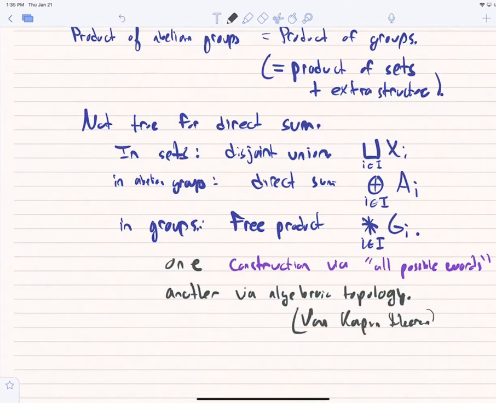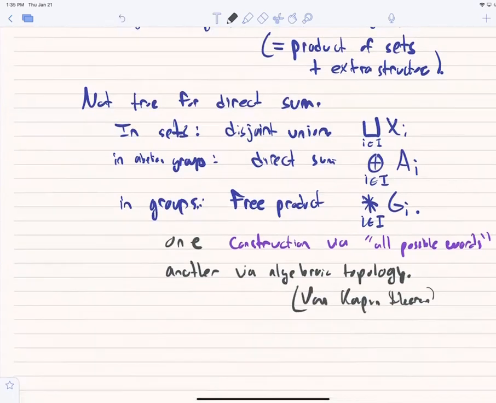But I don't want to go into that. This is something you should think about in your head: the nicest construction of free groups and free products is using algebraic topology, the place where they arise most spontaneously on their own.